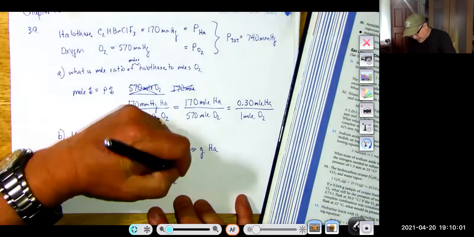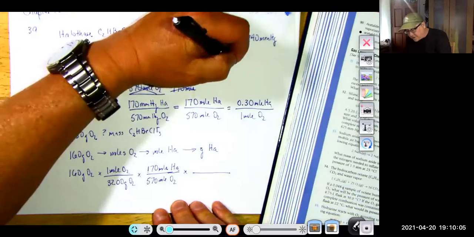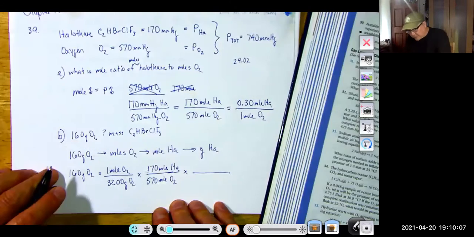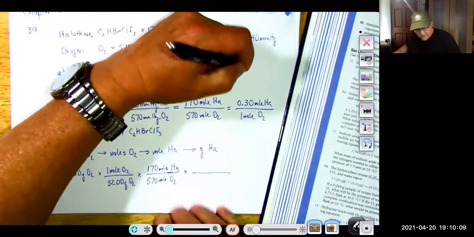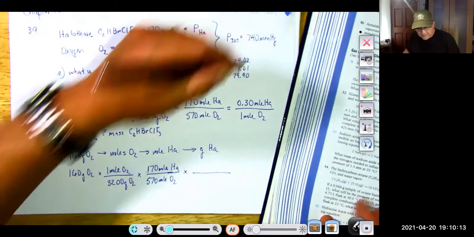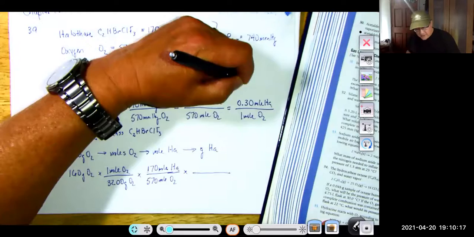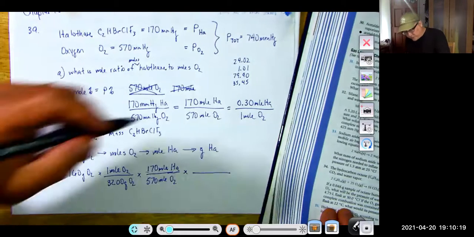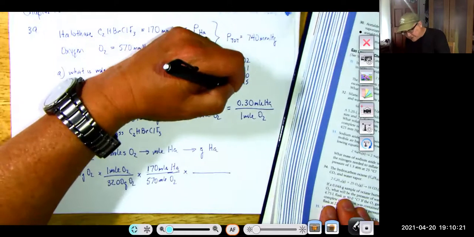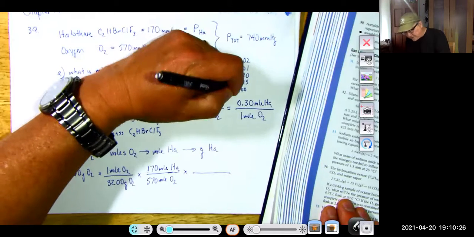And then this halothane has 2 carbons, which is 24.02, 1 hydrogen, which is 1.01, 1 bromine, which is 79.90, 1 chlorine, which is 35.45, and 3 fluorines, which is 19.00 times 3, which is 57.00.